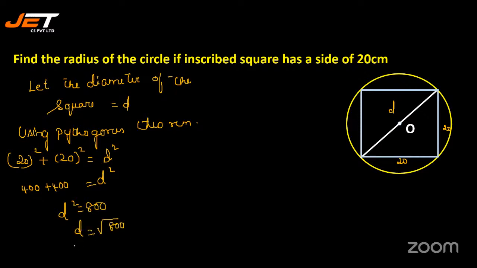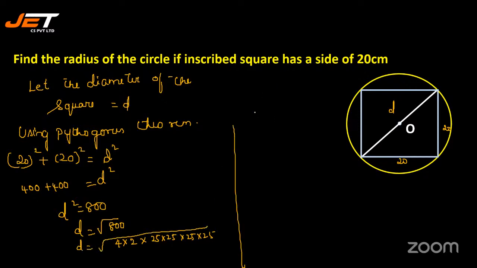Okay. So 800. I can write it as 4 into 2 into 25 into 25 into 25 into 25, because 25 fours are 100. Clear? So D is equal to root of... Right.